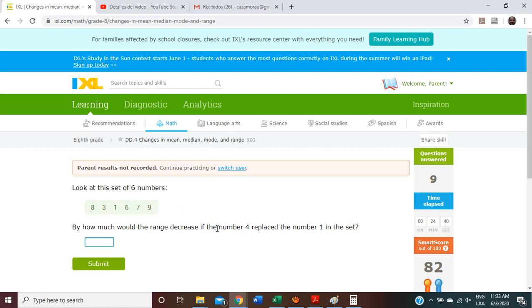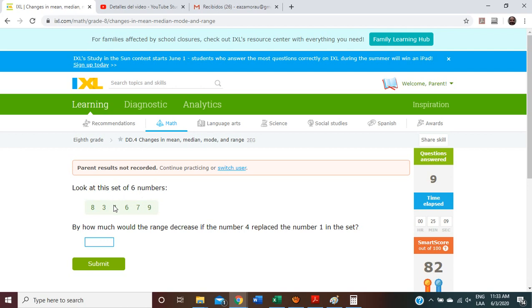If the number 4 replaces the number 1 in the set, we don't have a 1, we have a 4. So now 1 is not the lowest number. The lowest number right now is going to be 3. So from 3 to 9 is 6. Okay, we have a new range of 6.